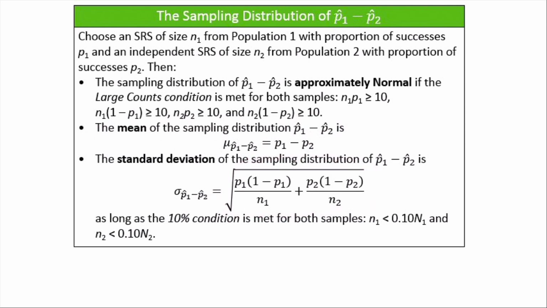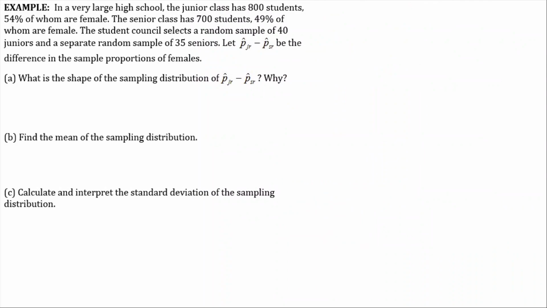We just did that, right? Except you don't have to use the pooled one. You use p1 and p2 or p hat 1 and p hat 2. Yeah, this one is on your sheet, literally written just like that. Okay, so last thing I want you to do, answer those three questions.